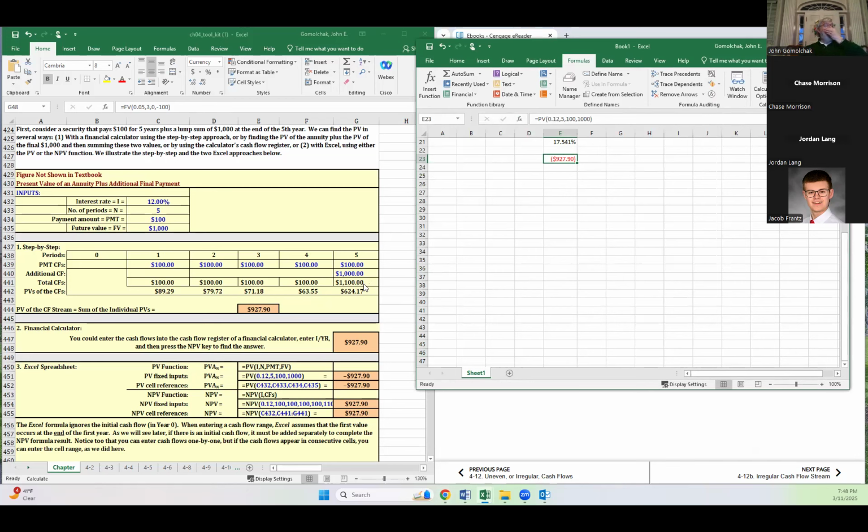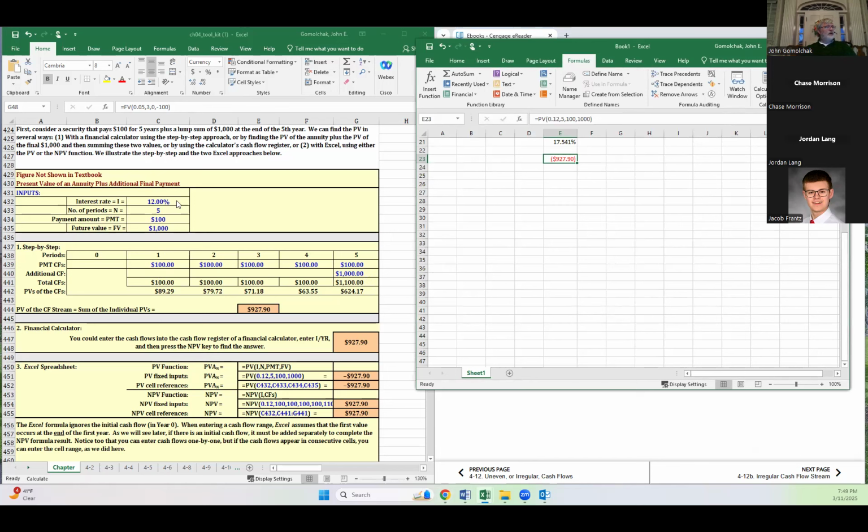Now, I knew before I started this problem that it was going to come out to be less than $1,000. Like I said, this looks like a bond that we bought, a $1,000 bond that was a 10% 5-year bond.